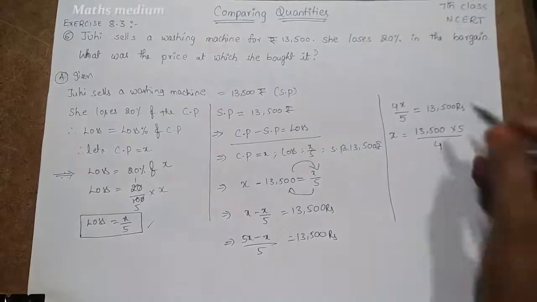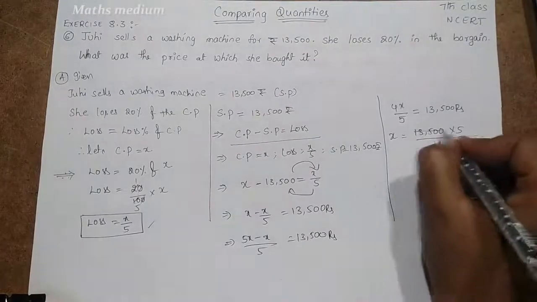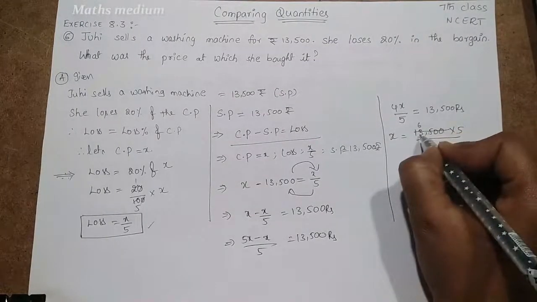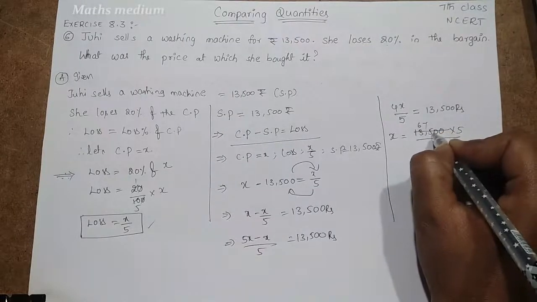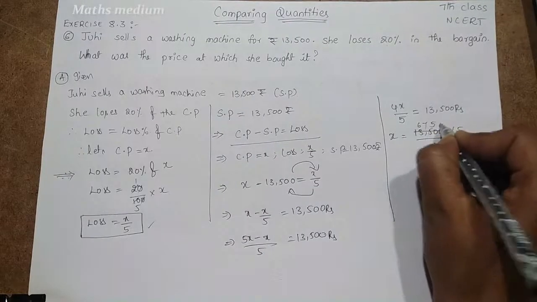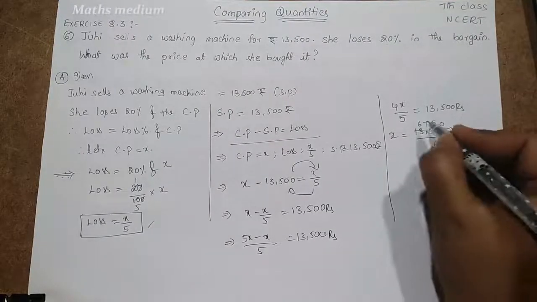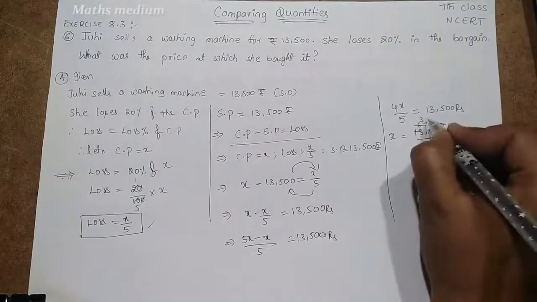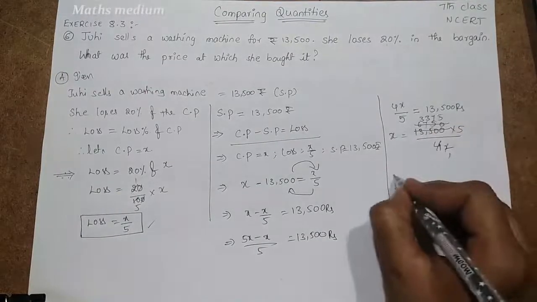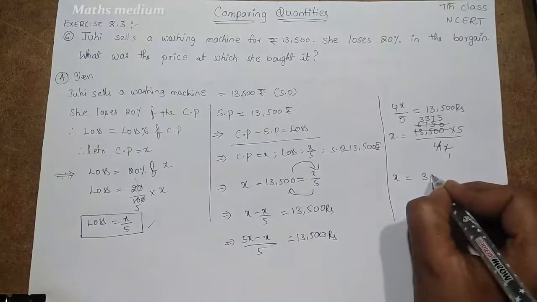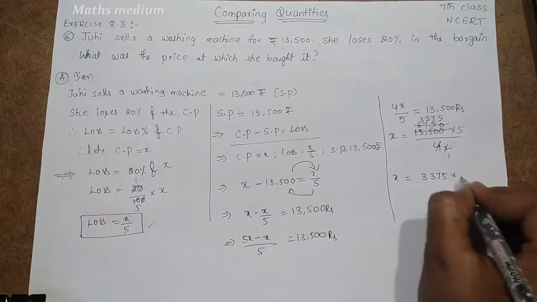Now simplify this. Dividing by 4 and then again by 2 gives 3375. X is equal to 3375 into 5.